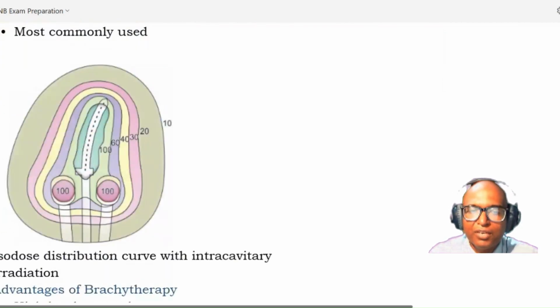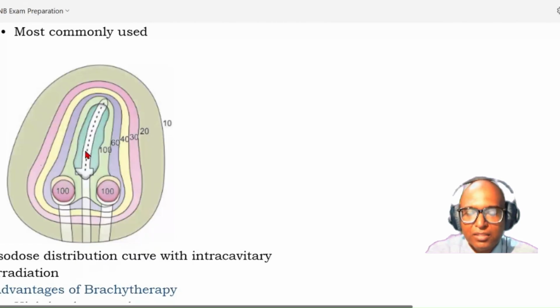And this is the figure which talks about the isodose distribution curve with intracavitary irradiation. So when you give intracavitary irradiation, these are the isodose curves. Okay. When you have the radiation source in the center, the radiation dose received at each of these particular points on this line will be the same. The radiation dose on this particular line, or on all points, will be the same.